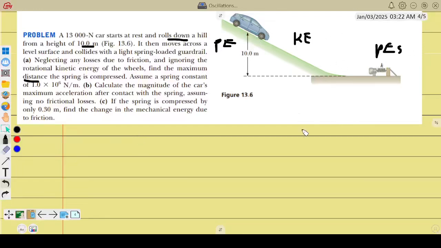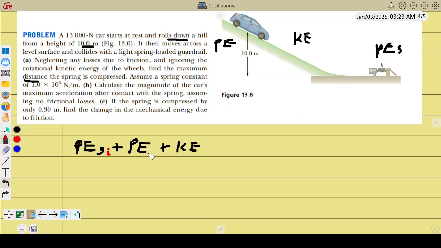Given these things, we should be able to say the initial elastic potential energy, plus the initial gravitational potential energy, and the initial kinetic energy. Oh, I'm already writing the formula. So these are all my initials.